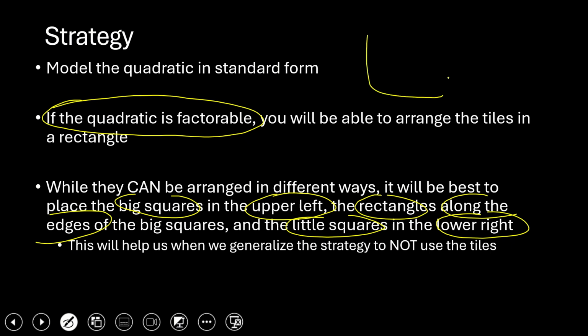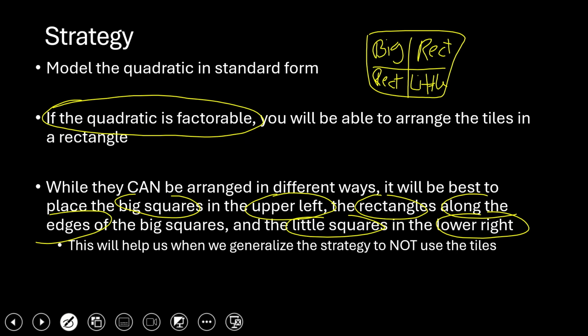So essentially, you're going to have something like this. You're going to have the big squares. You're going to have the rectangles positioned here. And then you're going to put the little squares down in the lower right. Now, this will help us when we generalize the strategy to not use the tiles. Obviously, we could have numbers that were so big that we just don't have enough tiles, or the tiles are really not going to be a great way to do it.